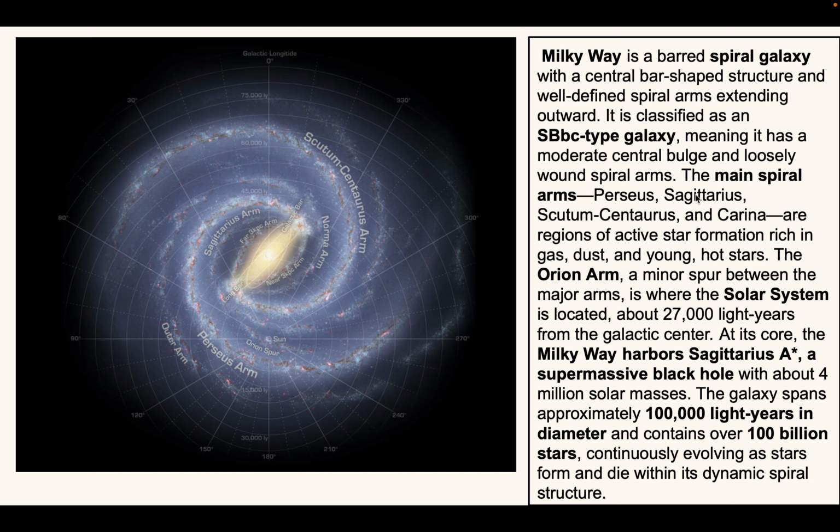The main spiral arms of the Milky Way are the Perseus spiral arm, then the Sagittarius spiral arm, the Scutum Centaurus spiral arm, the Carina spiral arm, and the Norma spiral arm.